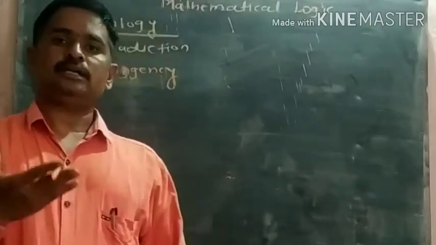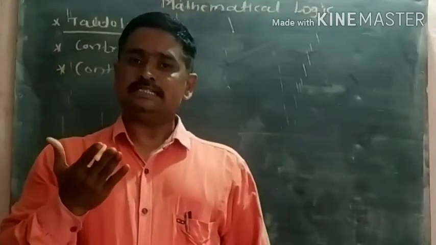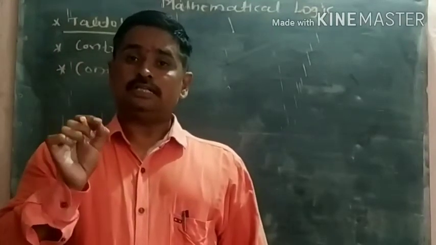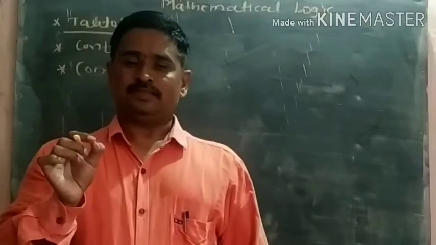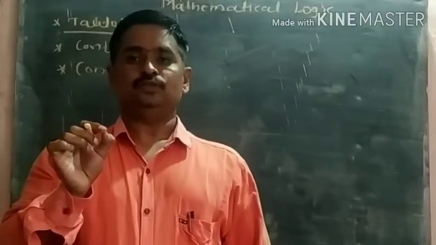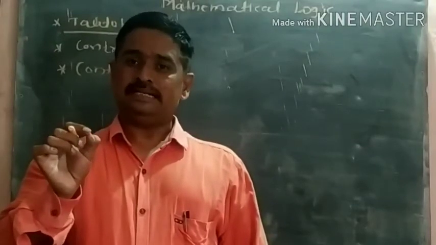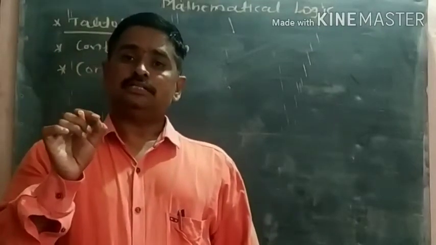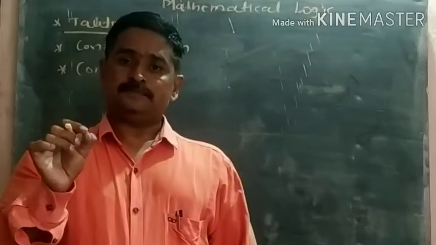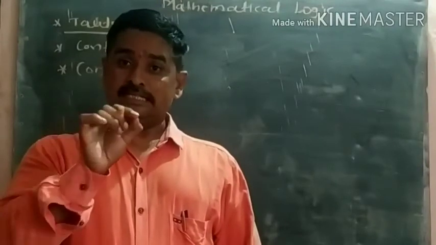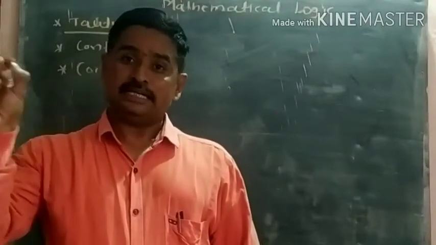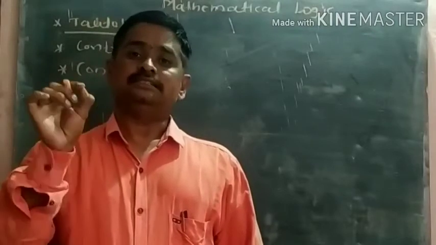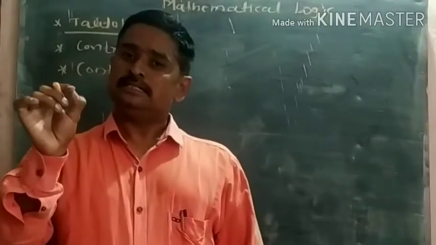So what do you mean by tautology? Tautology is nothing but all the truth values of the respective statement are T. Remember, all the truth values of the respective statement are T. That means all entries are T. Then we say that the statement pattern is a tautology.